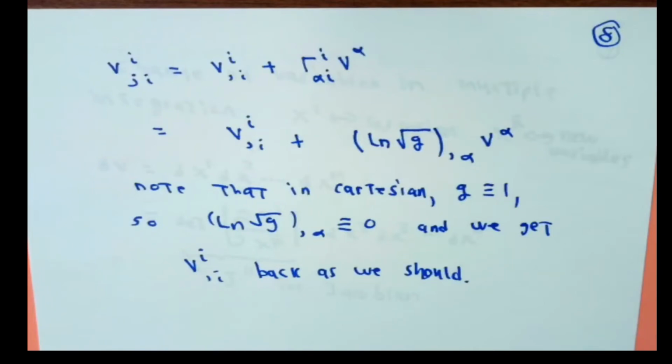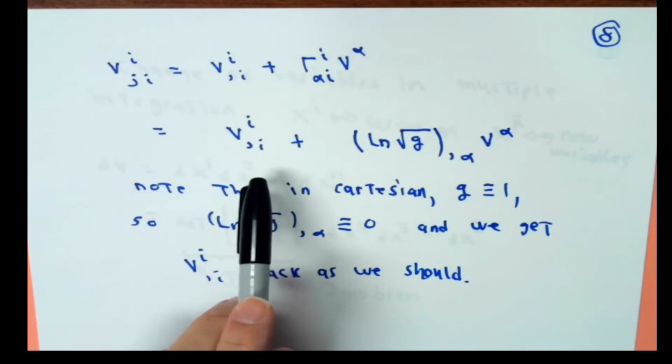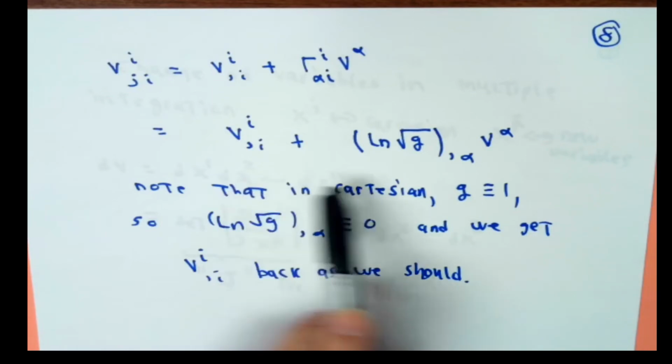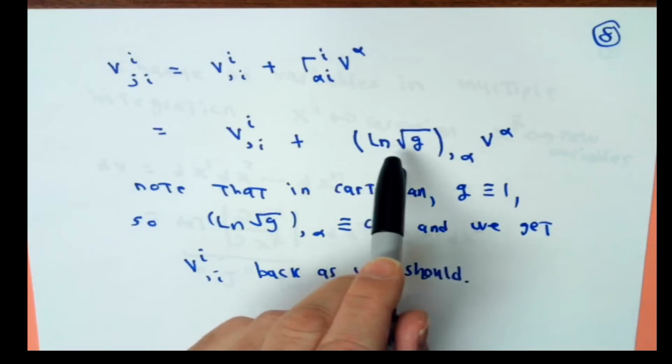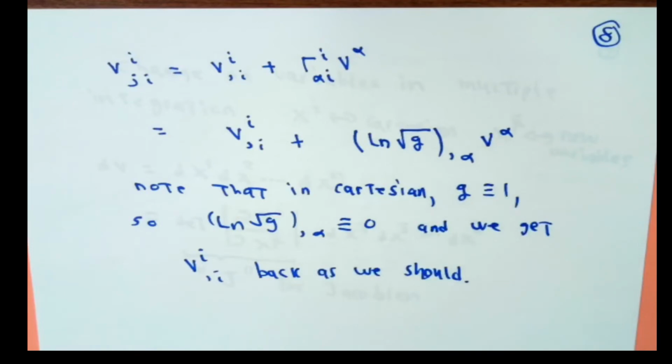If you take advantage of our Gamma^i_{alpha i} fact, you can write the divergence as what you would think the divergence was if the basis vectors were constant, plus the term that comes from the fact that they might not be. If you take the natural log of the square root of g, differentiate it with respect to x^alpha, multiply by v^alpha and sum, that's the contribution from the changing basis vectors.